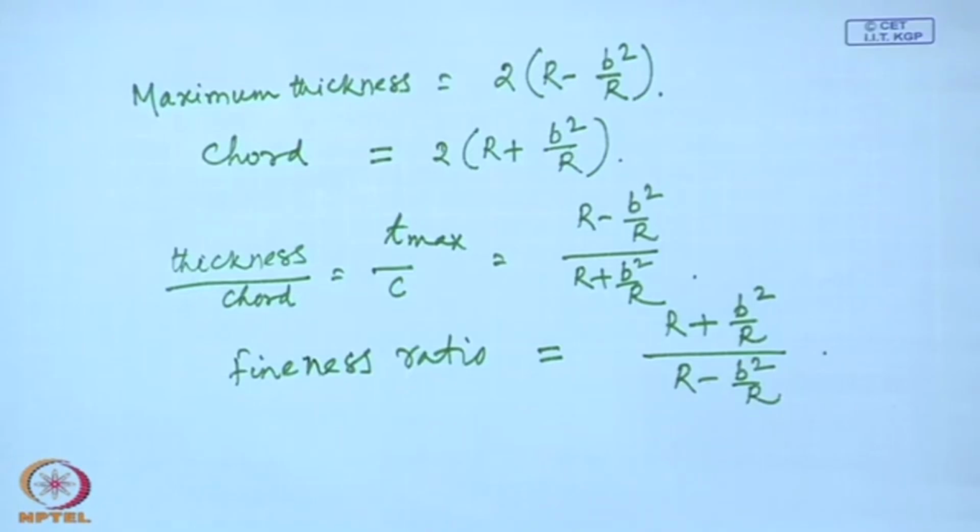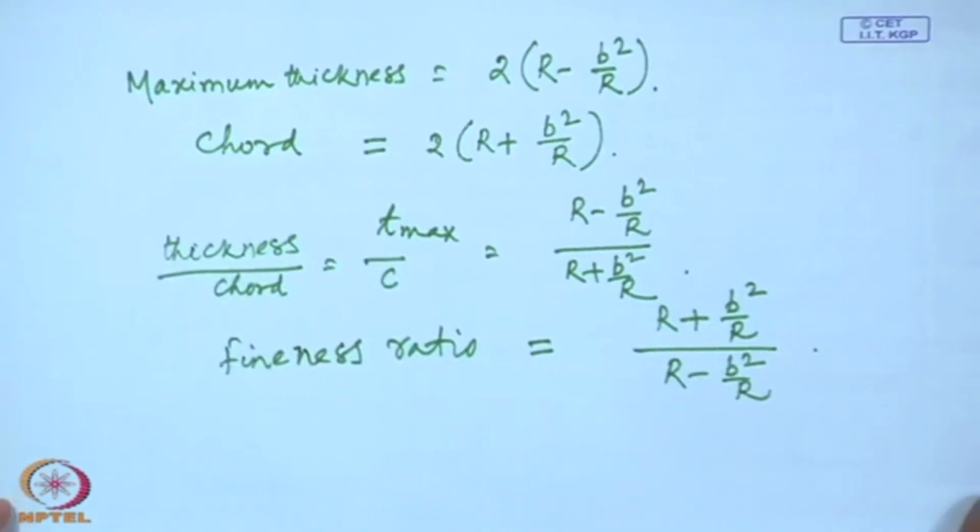If you know the R, you know what is the doublet strength for the flow about the circle, okay. And applying the Kutta condition, you can also find what would be the circulation.